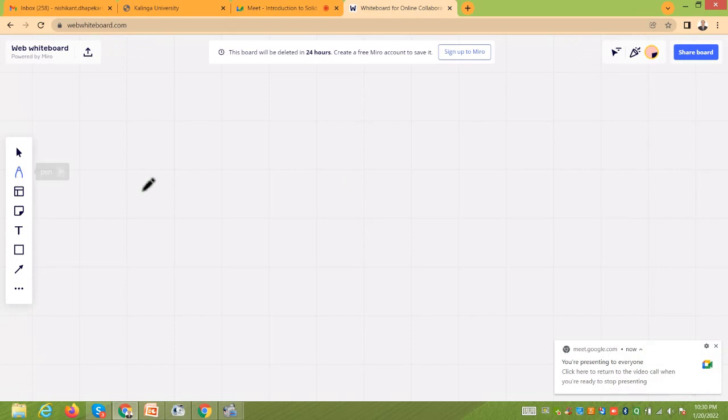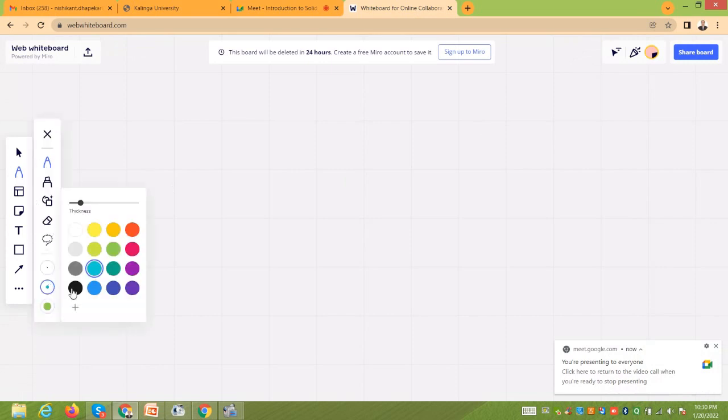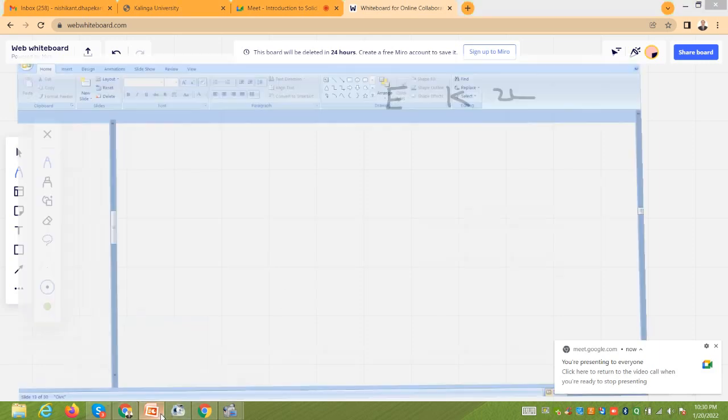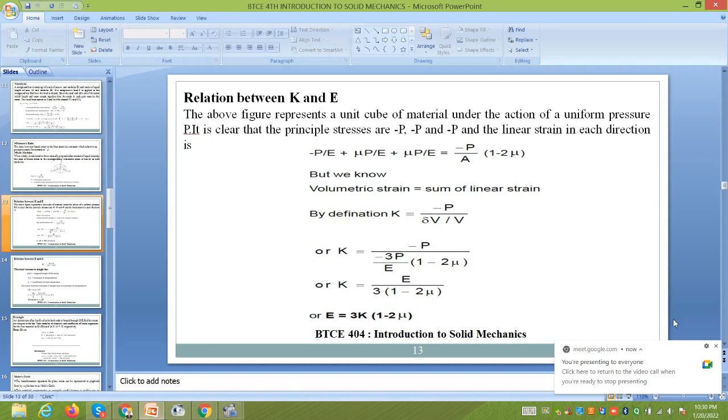First one is E, second one is K, that is bulk modulus of elasticity, and third one is Poisson's ratio. So it is very easy to calculate any one value out of these three unknowns.